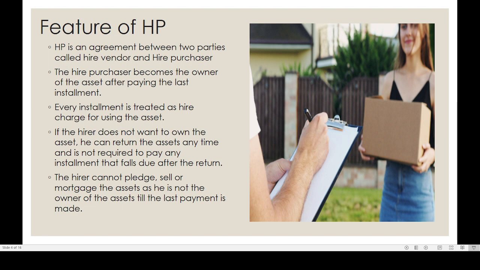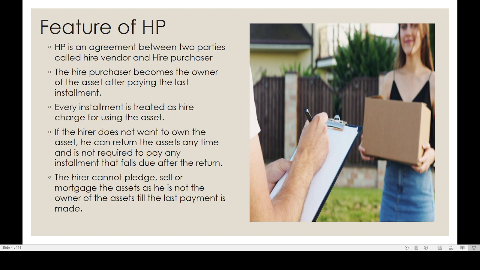The first one, as I already told, is that it is an agreement between two parties called the hire purchaser as well as the hire vendor. Vendor is nothing but the seller, purchaser is the person who is purchasing. The second very important point you have to note down is that the hire purchaser will become the owner of that asset only after making the last installment.